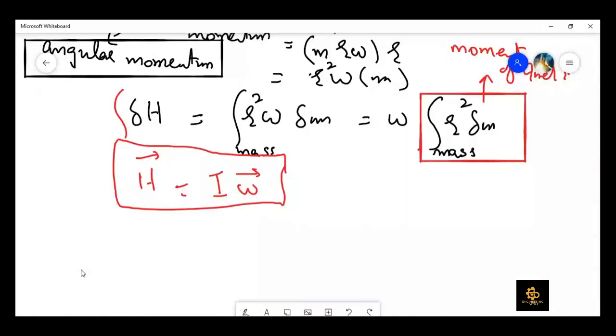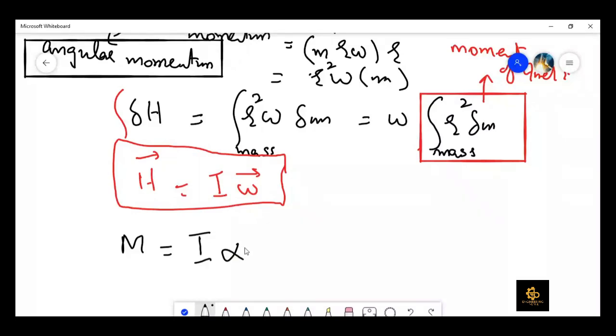So now we are going to correlate the torque or moment with the angular momentum. We know that torque M can be written like I into alpha.